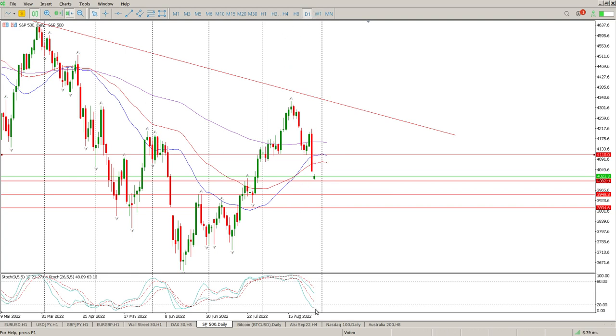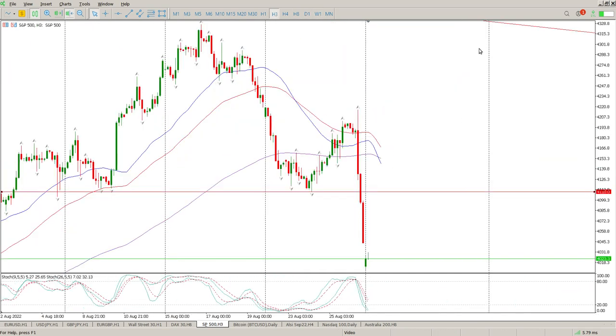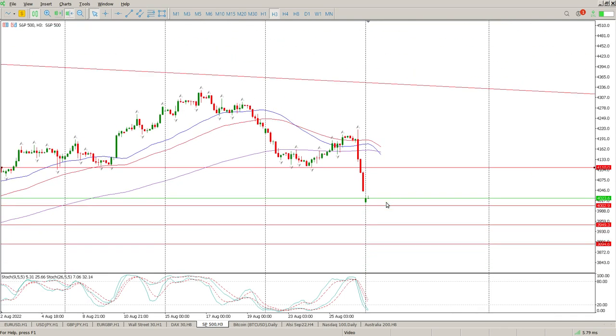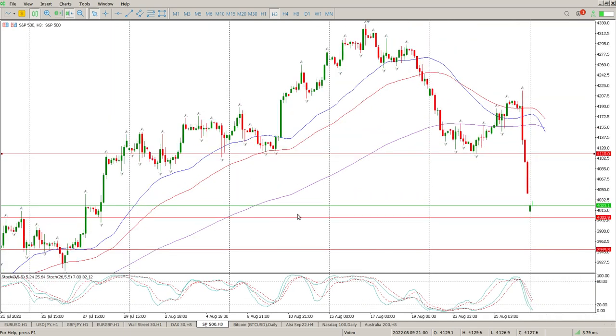The oscillators have eased off quite nicely, so that's a good indication. When we start drilling down through the lower time frames, you're going to see all the oscillators starting to line up. And looking to the left, you can see where the structure is. So you can see something is going to happen here. Definitely don't want to be chasing shorts here. Only place to be chasing shorts is up here at 4110.